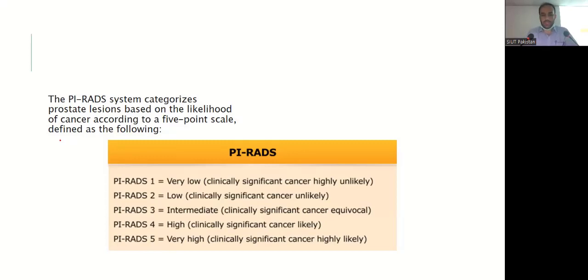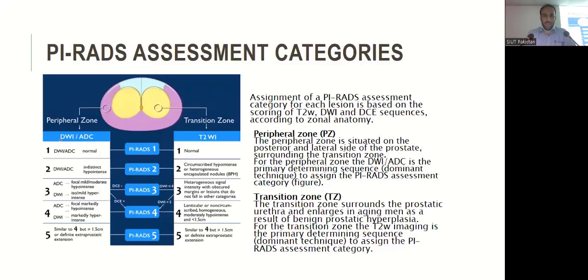PI-RADS 4 is high: clinically significant cancer is likely. PI-RADS 5 is very high: clinically significant cancer is highly likely. PI-RADS assessment categories.